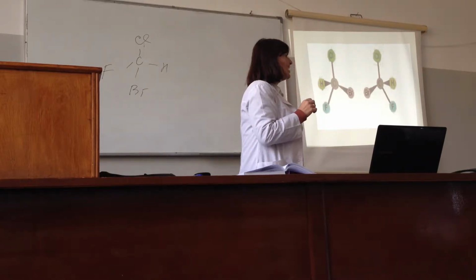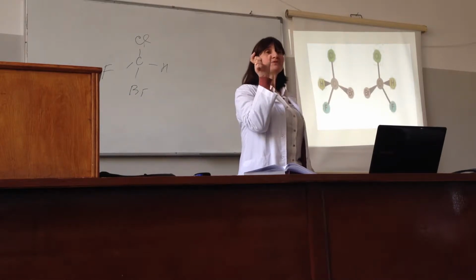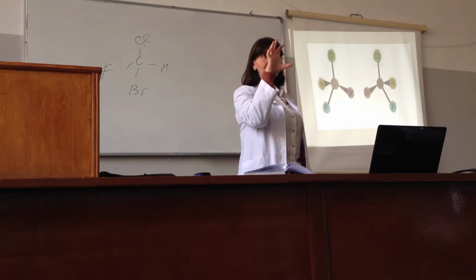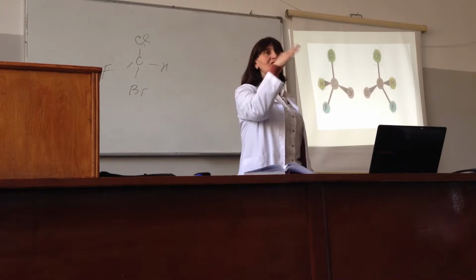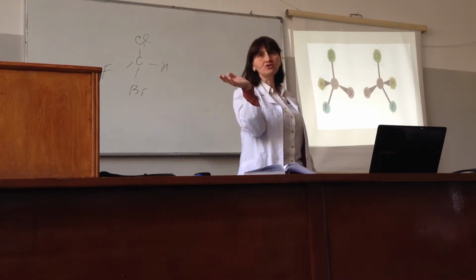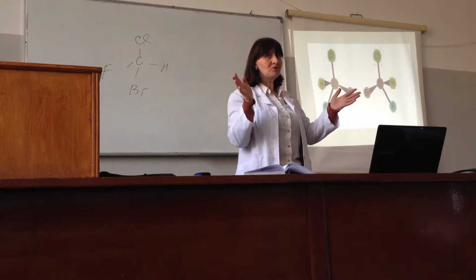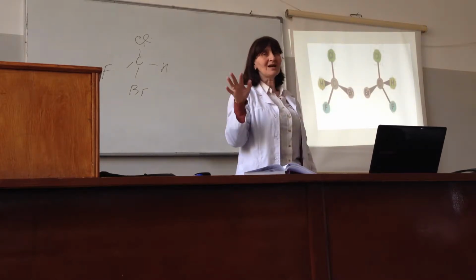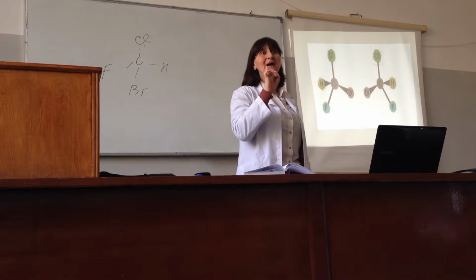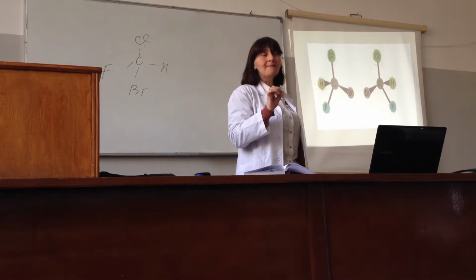So enantiomers have the same absolute value of the rotation angle, but different direction. If one rotates to the left side, the second one rotates to the right side. This is the difference between them. All other properties are the same, except some biological properties.